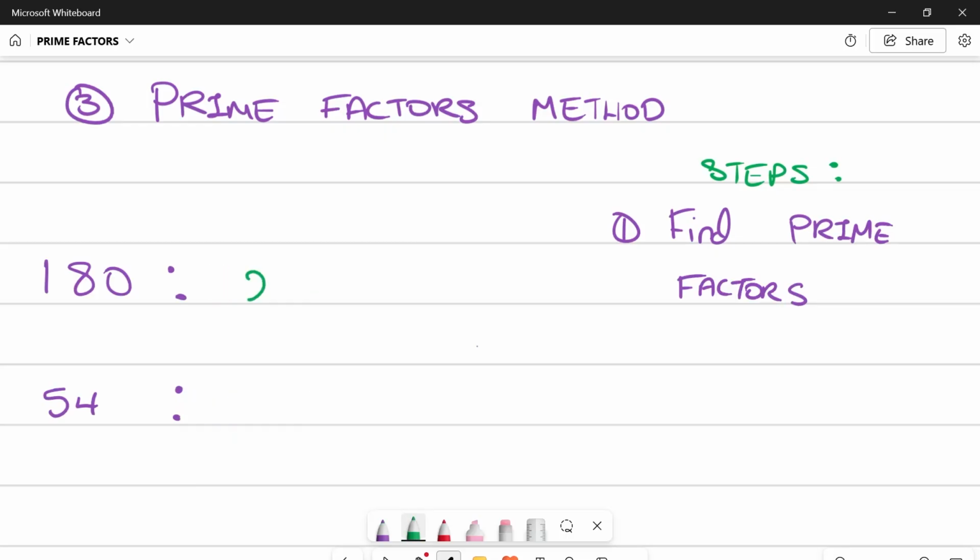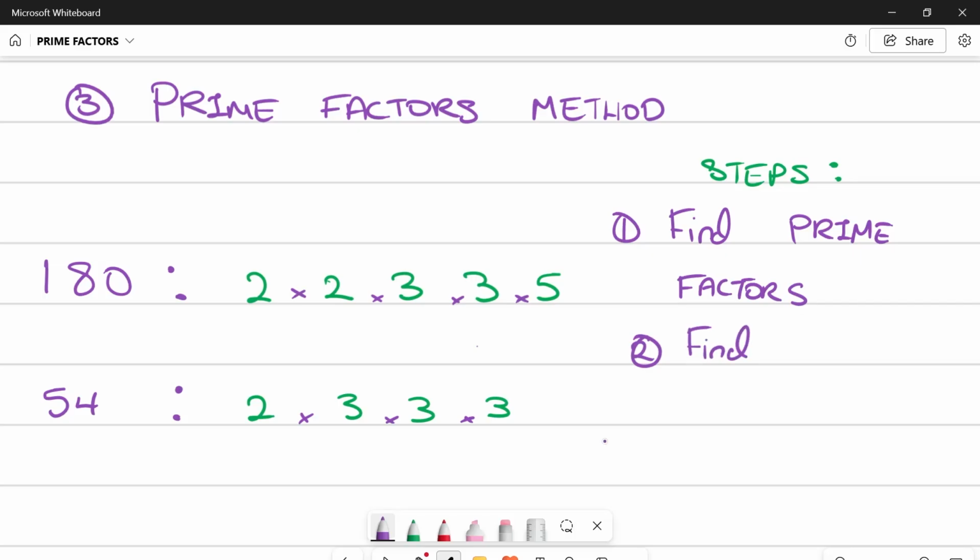The prime factors of 180 were 2, 2, 3, 3, 5. The prime factors of 54 were 2, 3, 3, 3. The second step to finding the HCF using the prime factors method is to find the common factors.